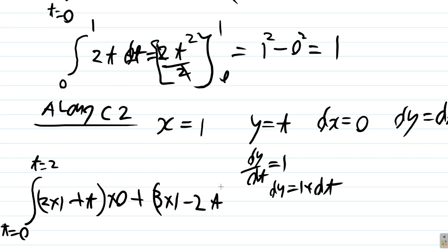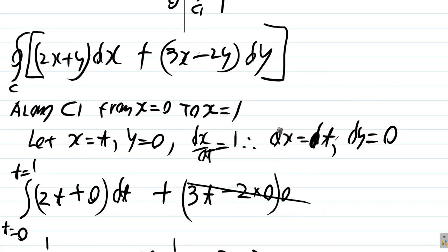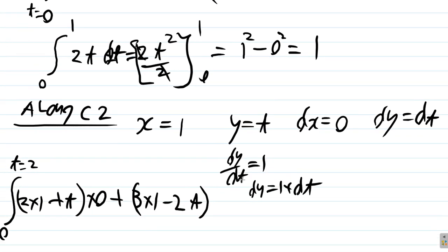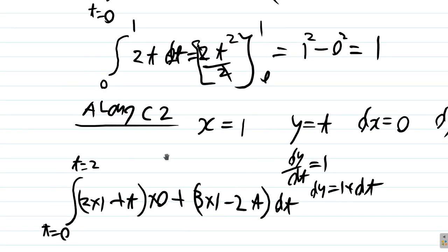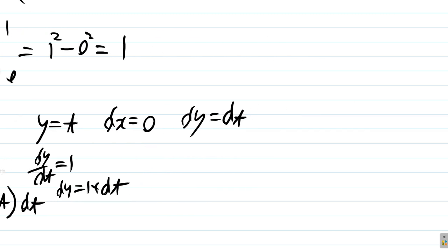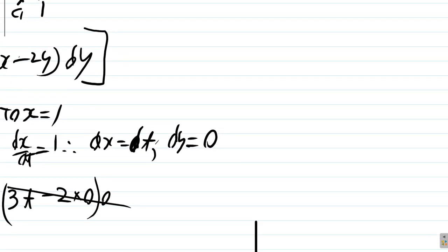I want everything in terms of t. And then dy, but dy is dt. Alright, so that's what we have here. Now, being that we run out of scrolling space, let's continue working upwards like this.